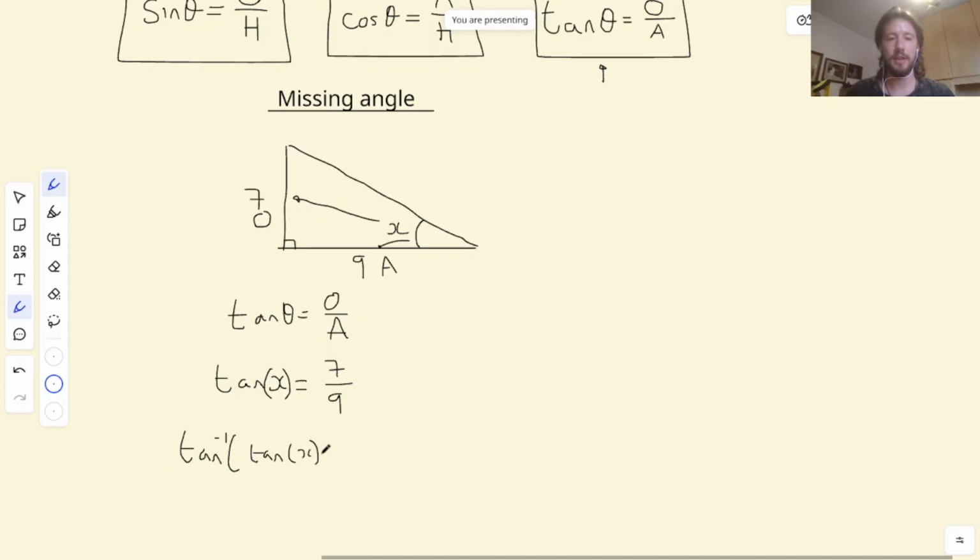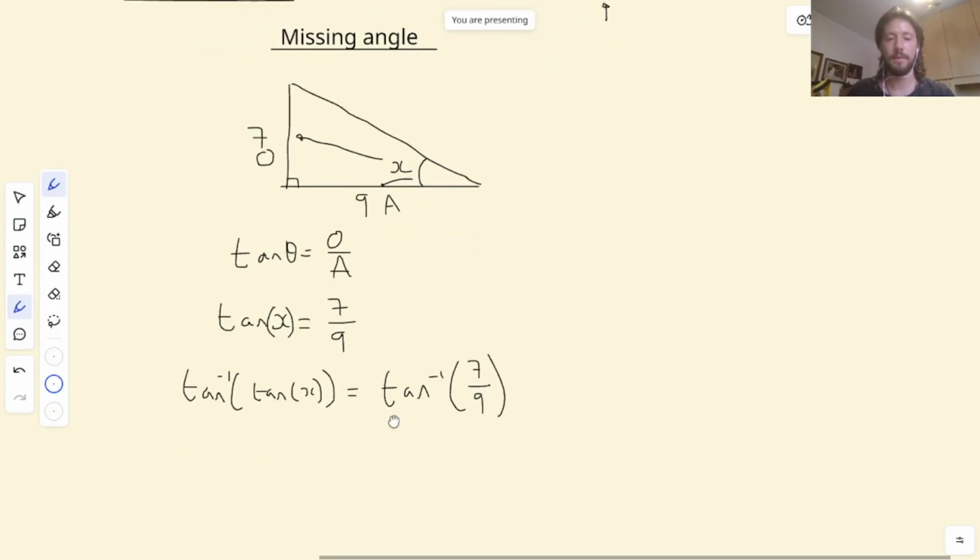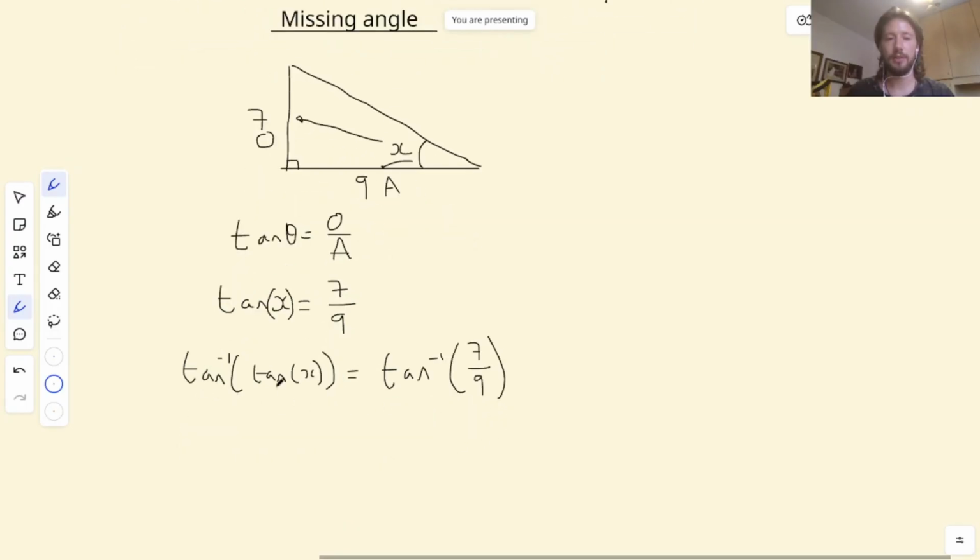That will give us tan inverse of tan x, which equals tan inverse of 7 over 9. But the inverse cancels with that tan, so simply x equals inverse tan of 7/9, which I'm sure is what you're used to seeing instead of this line right here. But we're being rigorous here.